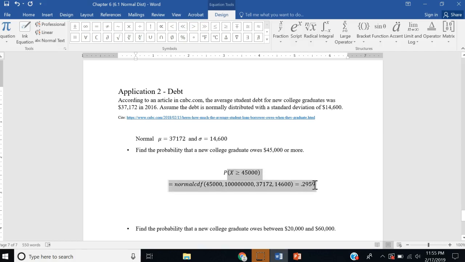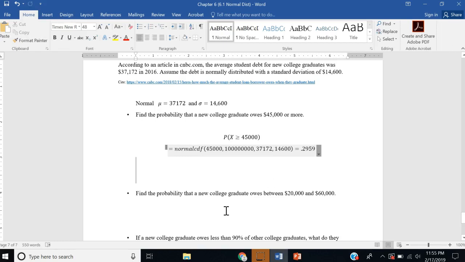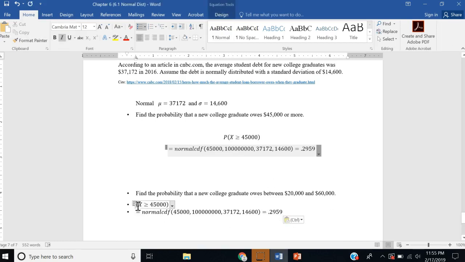The next problem, again, hopefully you did this too. If you haven't, push pause and try it. Okay? The next problem asks, what's the probability that a new college graduate owes somewhere between 20,000 and 60,000?